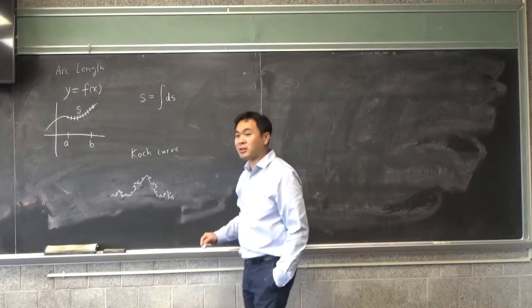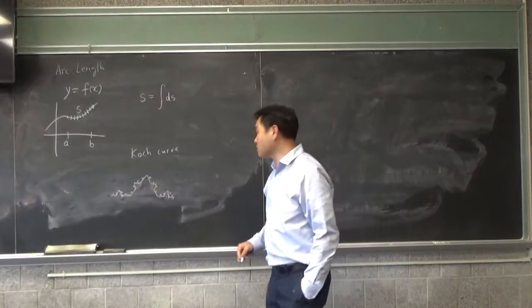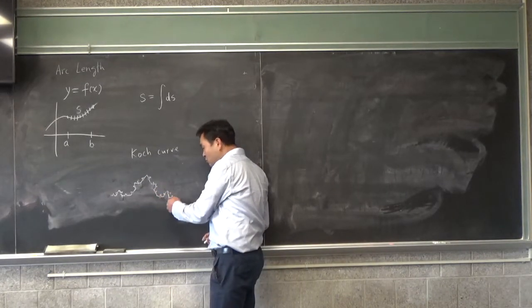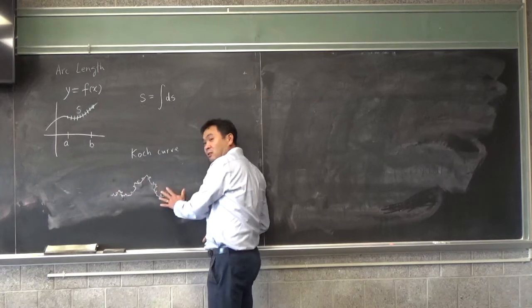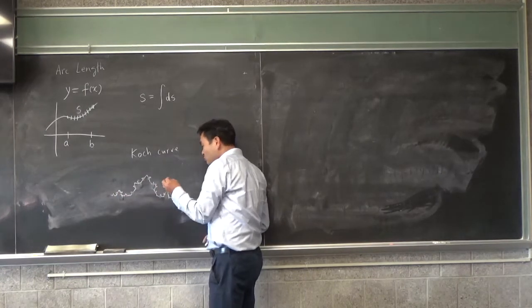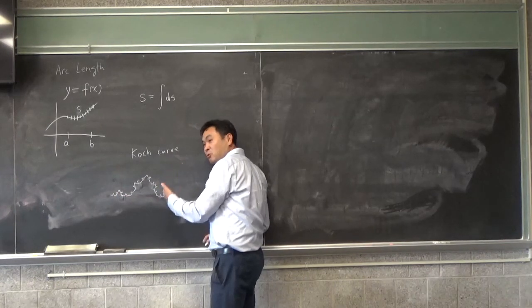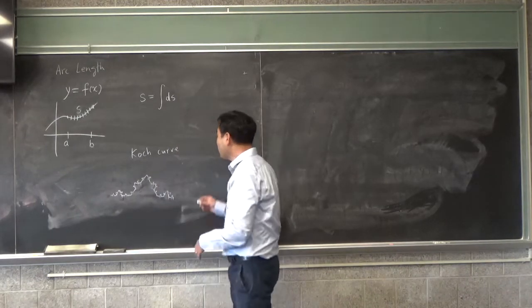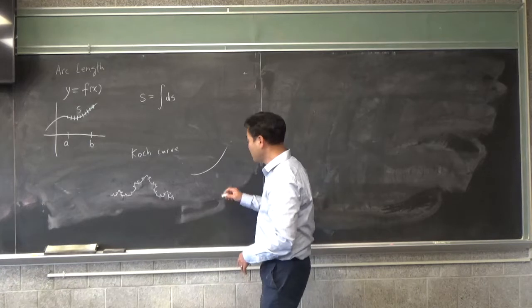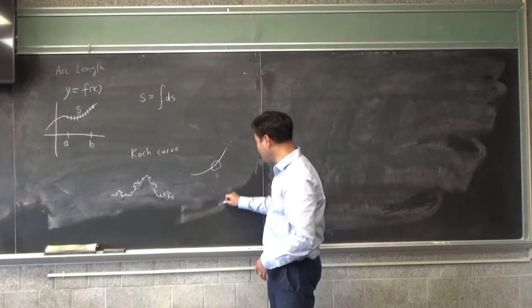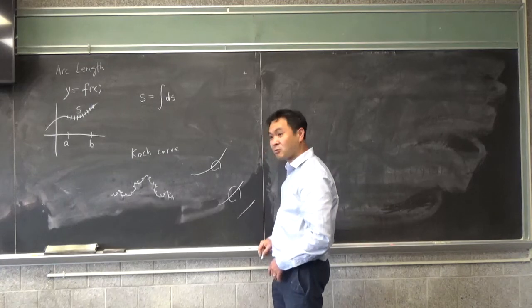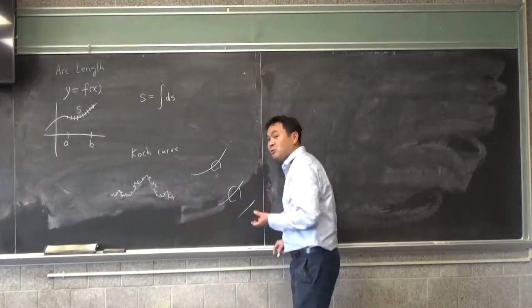Now, if you have a graph like that, if you zoom in, this portion will look like the entire thing. So if you zoom in more and more, you will never reach a straight line. However, if you have a smoothly varying one, and you zoom in, it looks more like a straight line, and eventually it looks like a straight line.